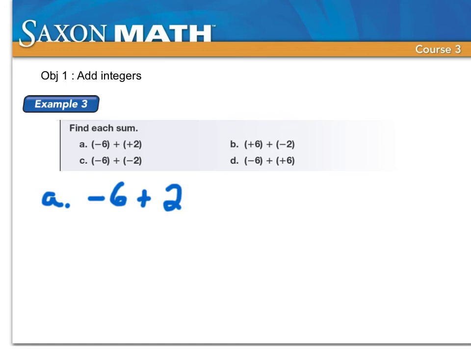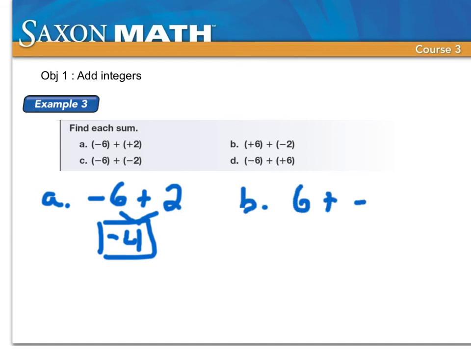Okay, again, different signs means find the difference. That means subtract them. So 6 minus 2 is 4. And then I keep the sign of the larger number. Well, 6 is bigger than 2. That means there's more negatives than positives, so my answer is negative -4.